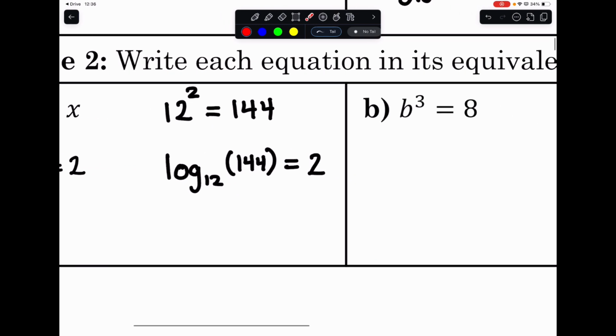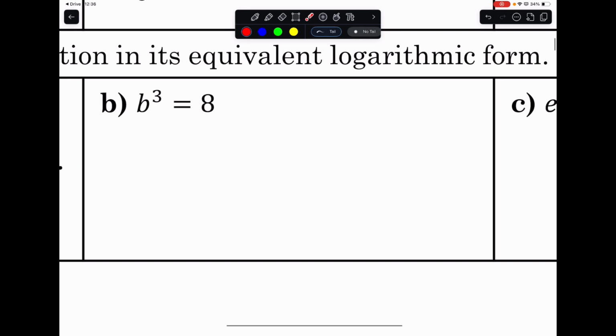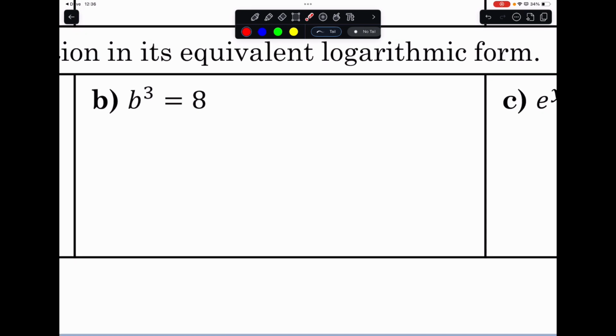So let's look at this example right here. B to the third power equals 8. So as a log, that would be a log of base B of the value of 8 equals the exponent of 3. So now let's put some actual numbers here. Let's say B would have to be 2.